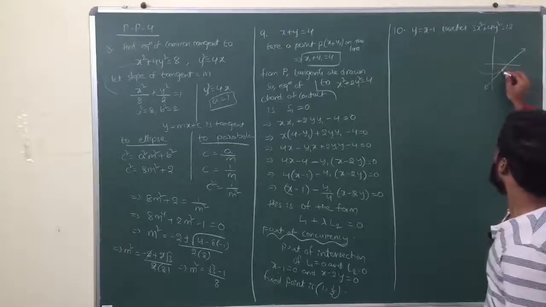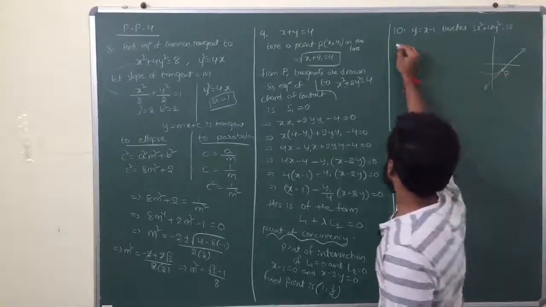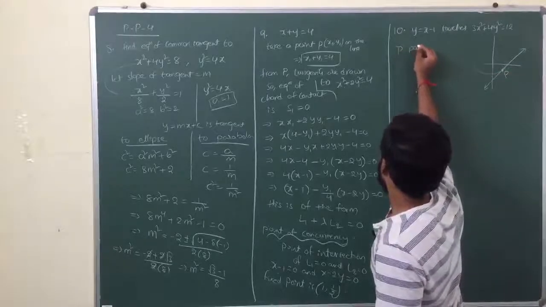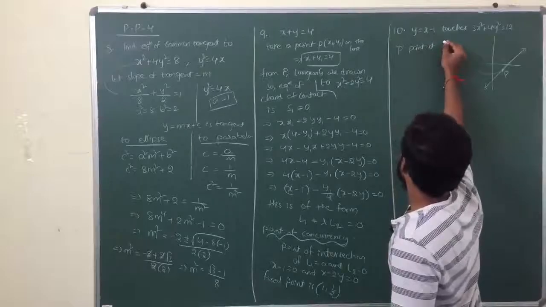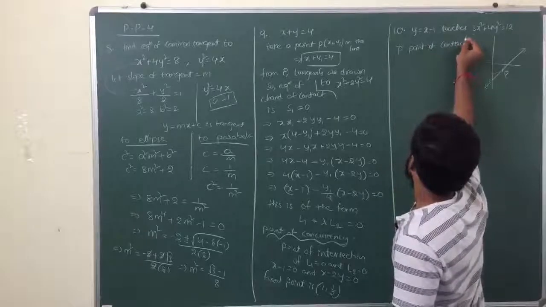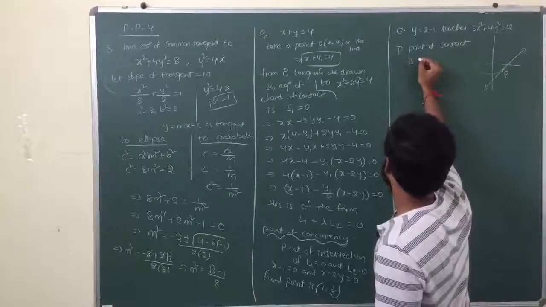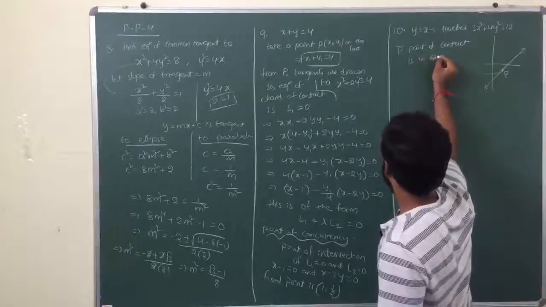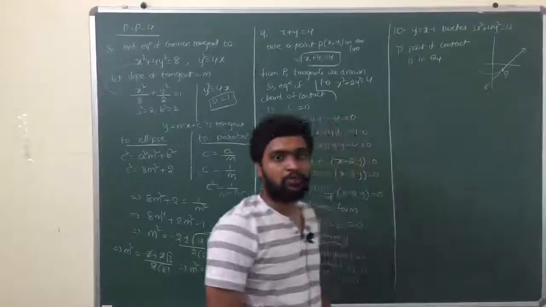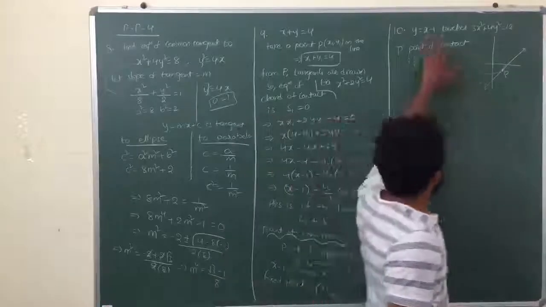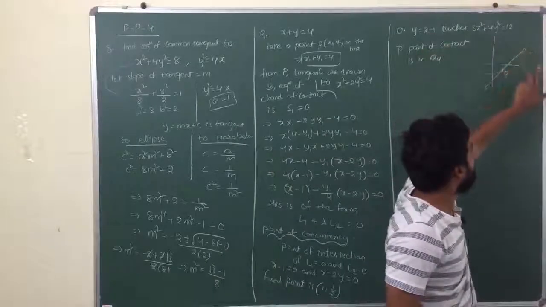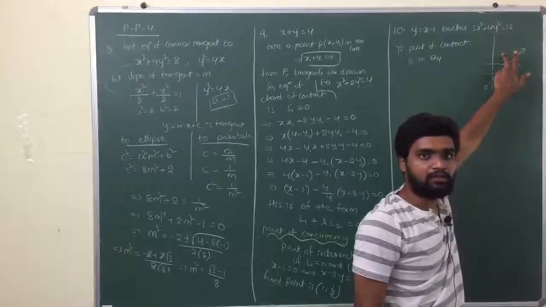See, this is the point of contact, P. But observe, the point of contact is in the fourth quadrant, definitely, because the line is in the fourth quadrant. If the line is in the first quadrant, the point of contact will be in the first quadrant.